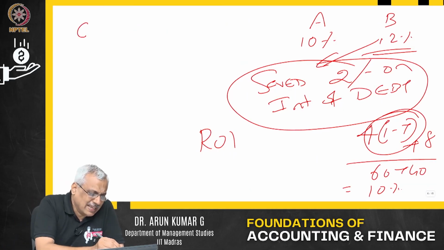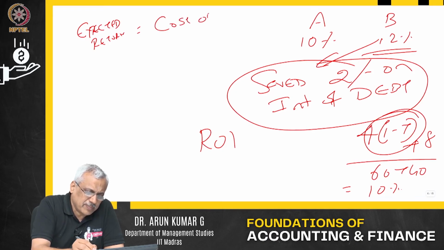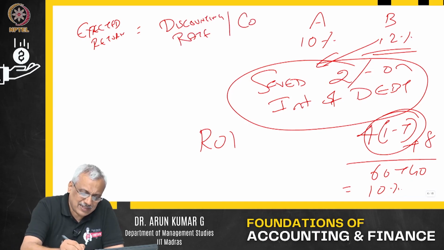We say that expected return is equal to cost of capital, or I won't say cost of capital, let us say expected return is basically going to be the discounting rate, or what do you call it, our asset cost.